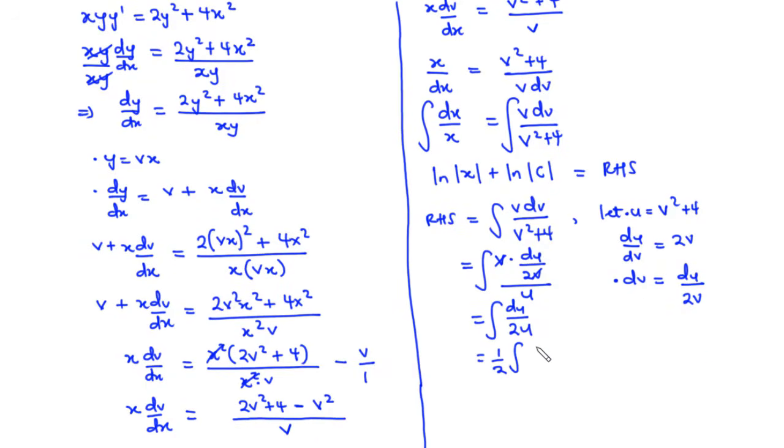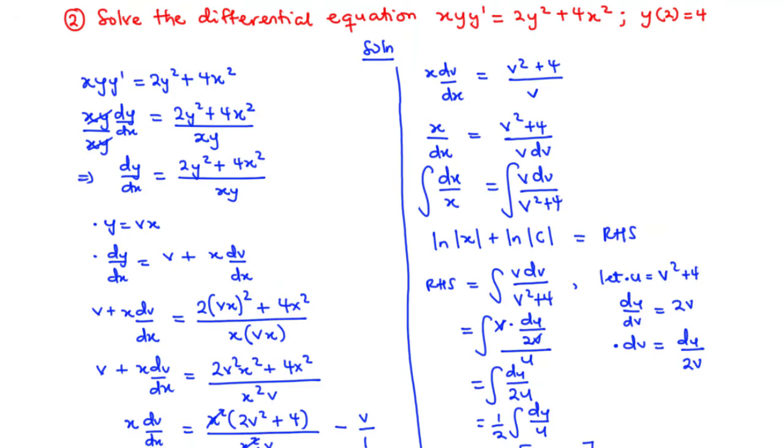Then we have the integral of du over u. Now when you integrate 1 over u with respect to u, we have the half times ln of absolute value of u, and that will be equal to 1 over 2 times ln of absolute value of v squared plus 4. So that is what is going to appear on the right hand side.